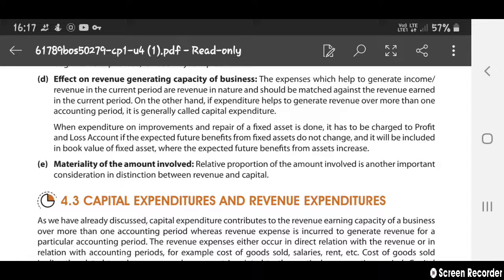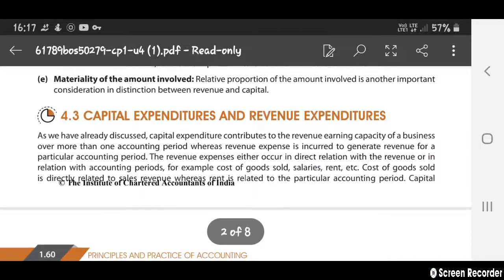If the expected future benefits from that asset increase, it will be included in the book value of the fixed asset.